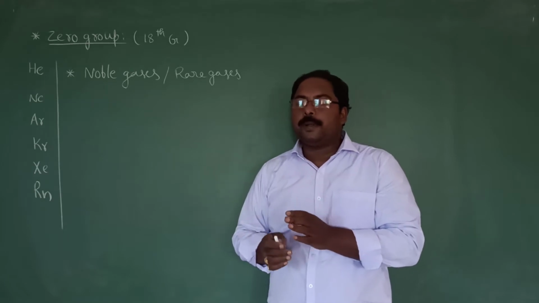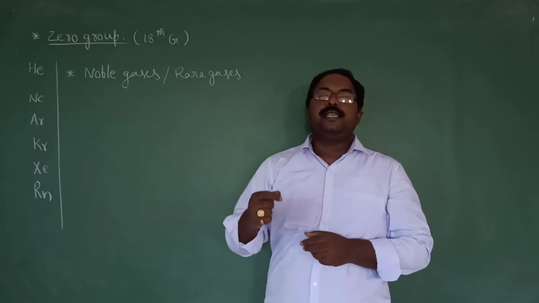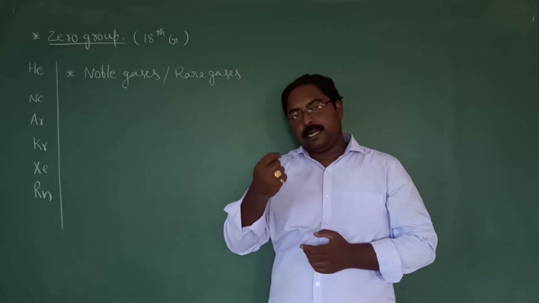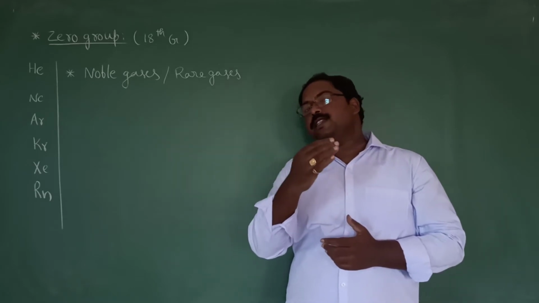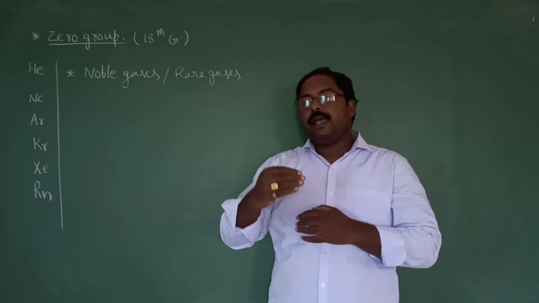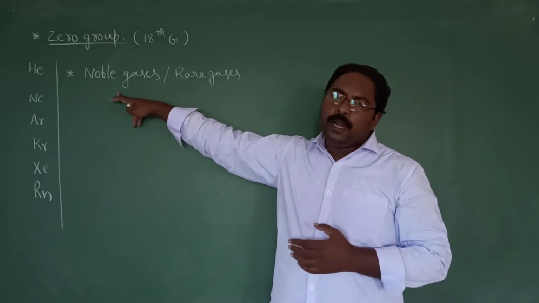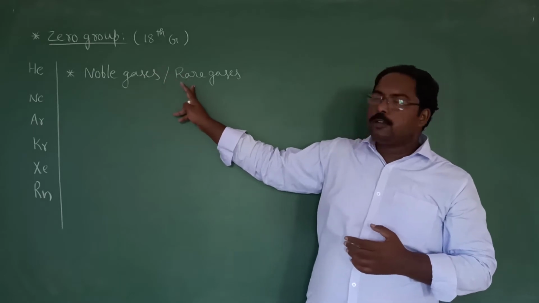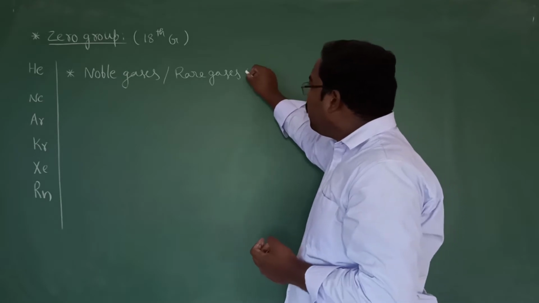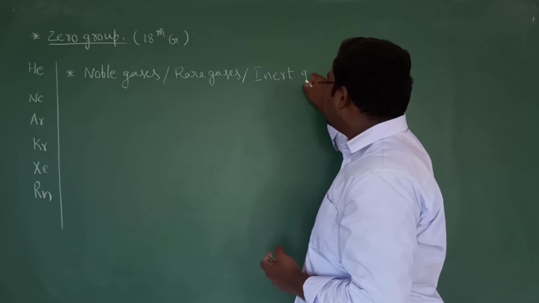All these noble gases are present in the atmosphere, but their availability in the atmosphere is very small, even less than 1%. Because of the low availability of these gases in nature, they are known as noble gases, or also called rare gases. They are rarely available. Also, because of their reactivity, these are known as inert gases.